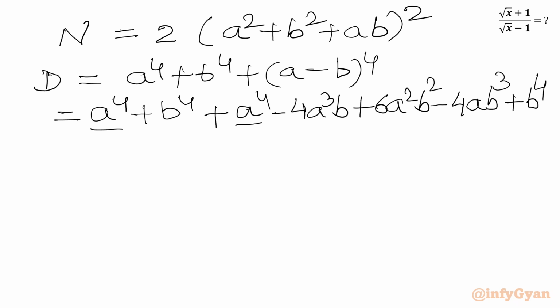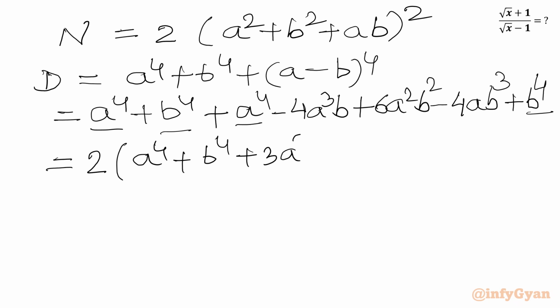Again 2 is common from the expression. We will take 2 common out. In the bracket we can write a power 4 plus b power 4 plus 3a square b square minus 2ab cube minus 2a cube b.